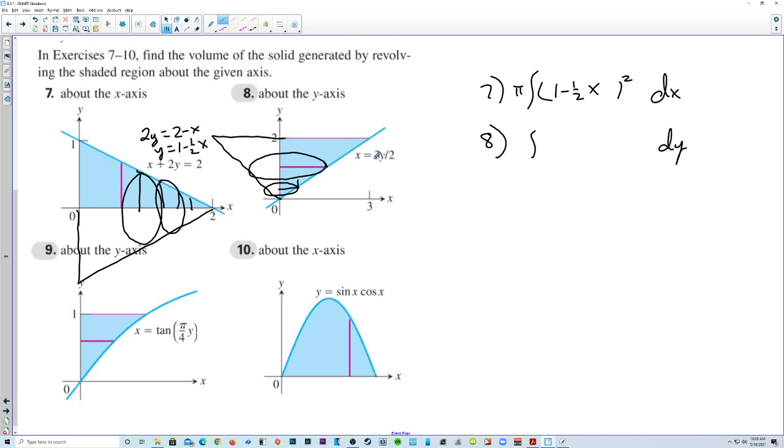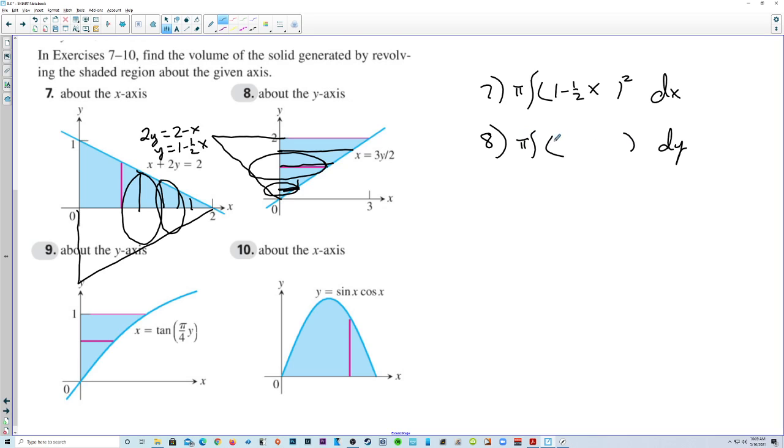When we integrate with respect to y, we need to see x equals. Now, these are circles, and the radii are following the curve. When you have x equals, you get the y, and you find the x by plugging the y in. So when you pick this y, you find the x by plugging it in, and that's going to be the length of the radius at that particular y value.